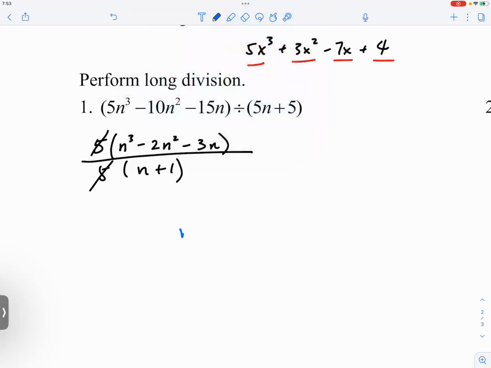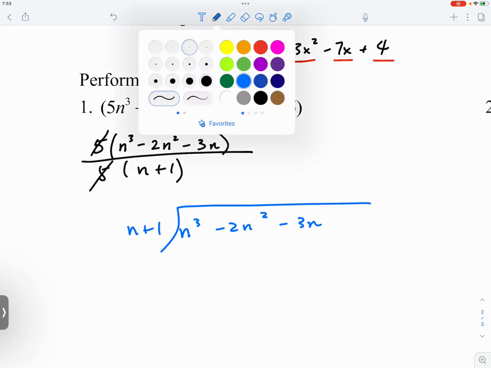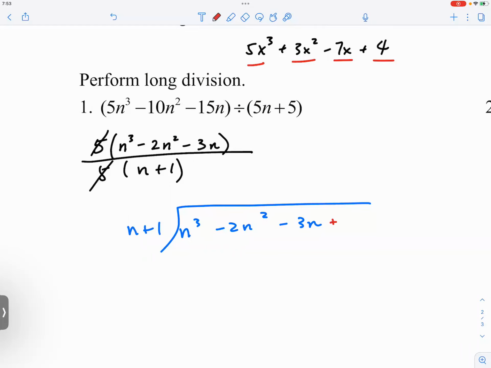So this is what we would do actually. We are going to write down our long division right here. Now it's missing a constant term, so we have to fill it in.